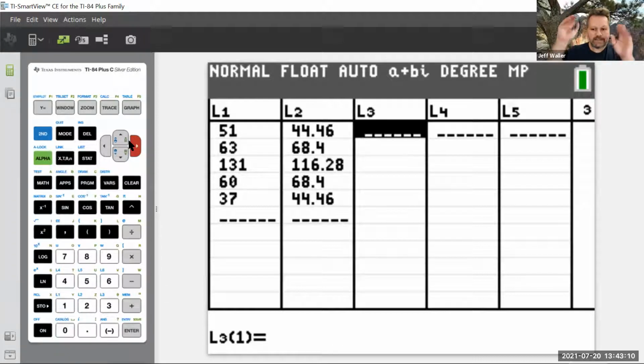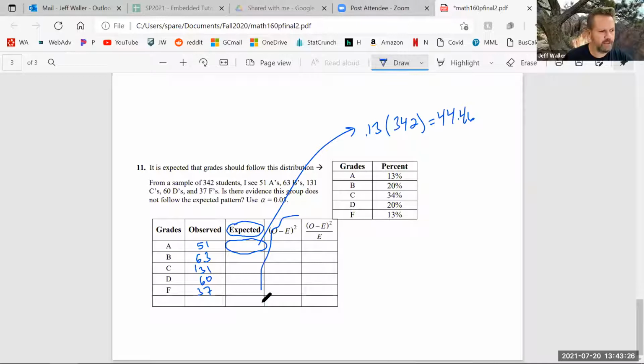Then I want the next column to be observed minus expected squared, right? Just in case I have some people out there that didn't access the practice final. Where's the observed? It's in L1. Where's the expected? L2.